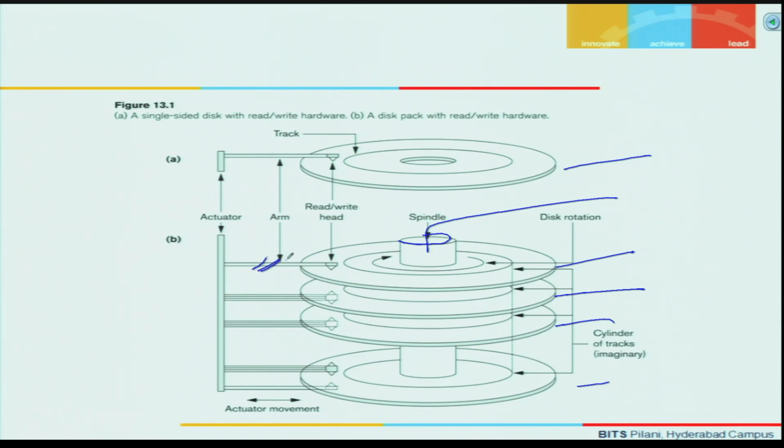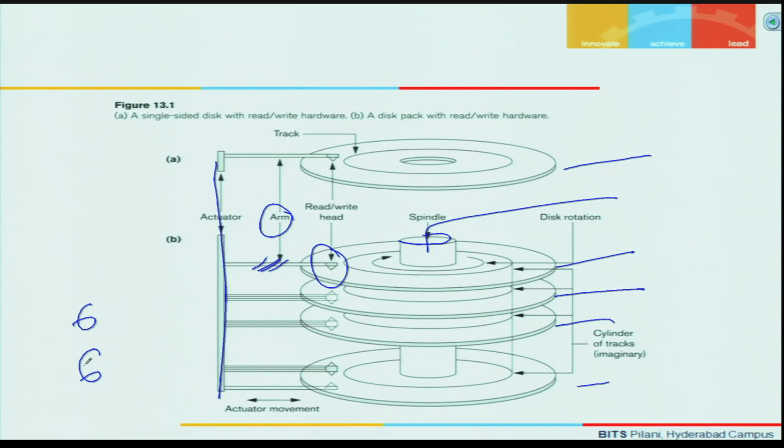These read-write heads are connected to the actuator with an armature, or simply an arm. If you have 6 surfaces in your disk pack, there will be 6 read-write heads, and each one of them is connected to the actuator with an armature.